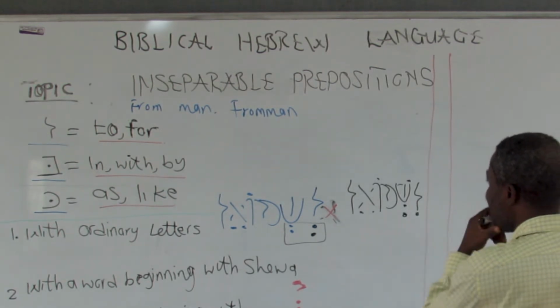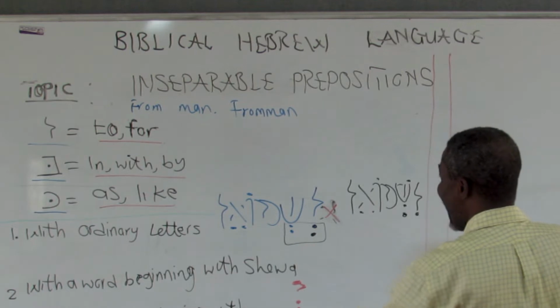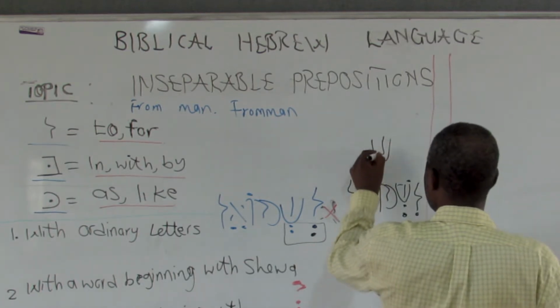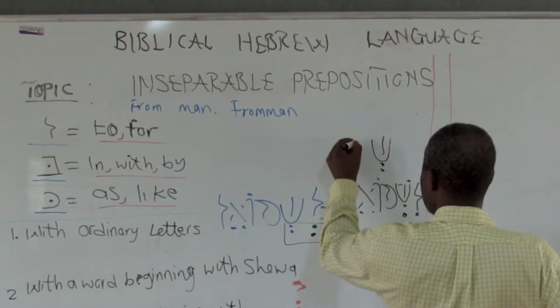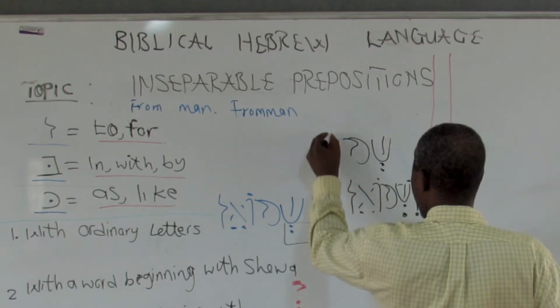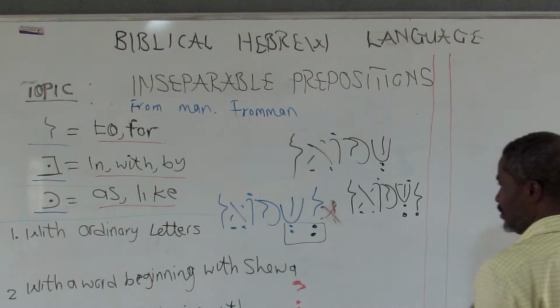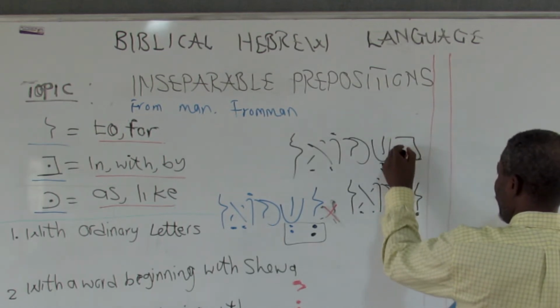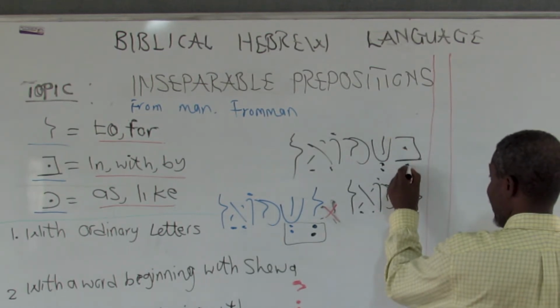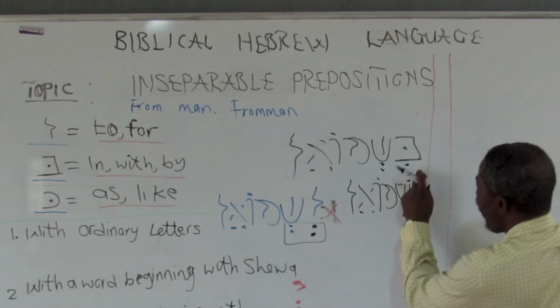So if it is also in, with, or by Samuel, first of all it is be, but two shewas cannot follow.